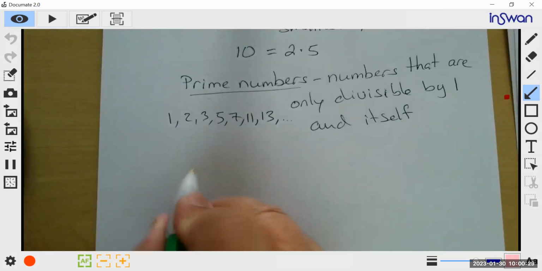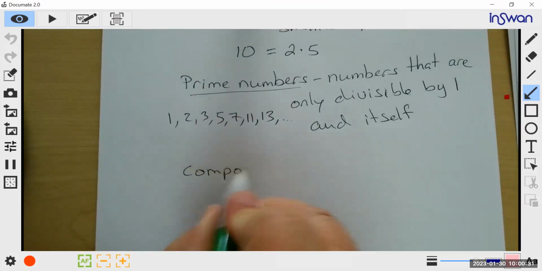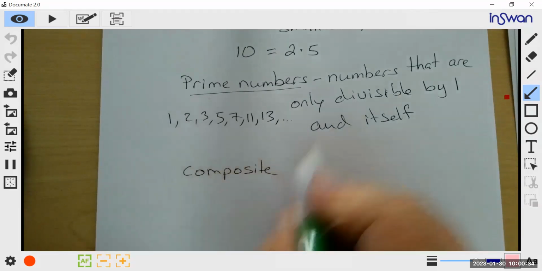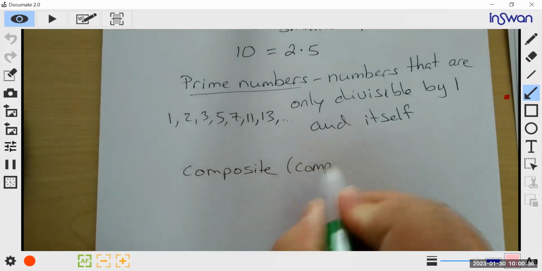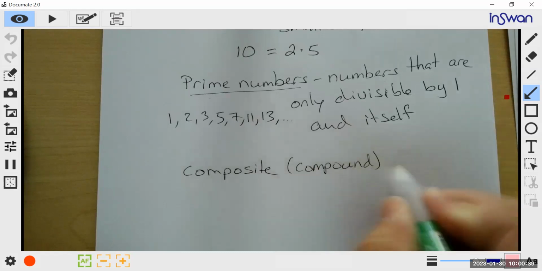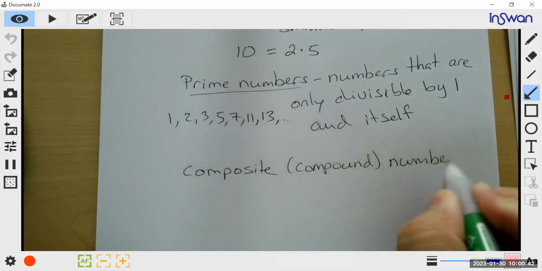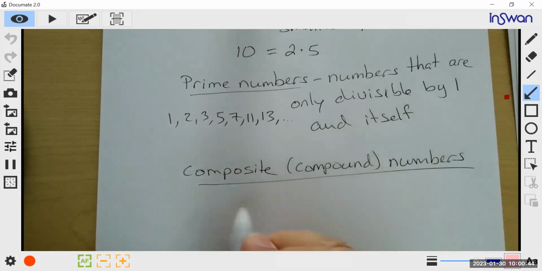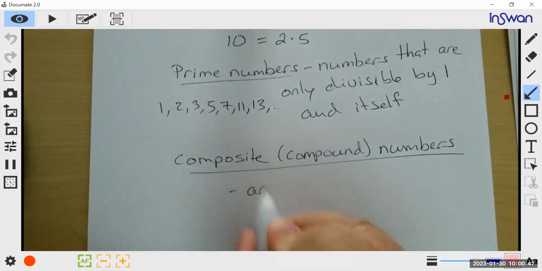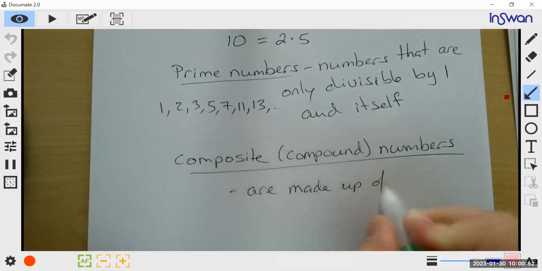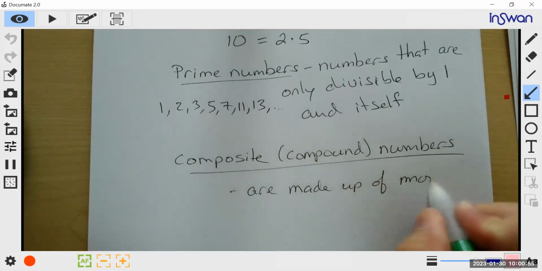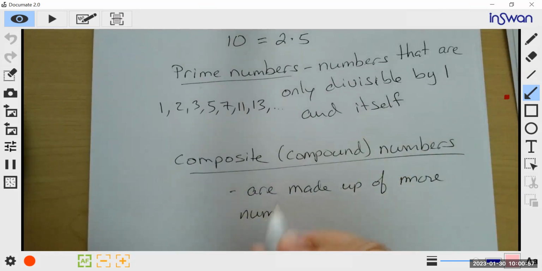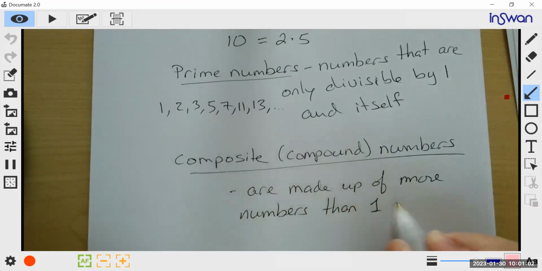The other numbers are composite or compound numbers, made up of more numbers than one and itself.